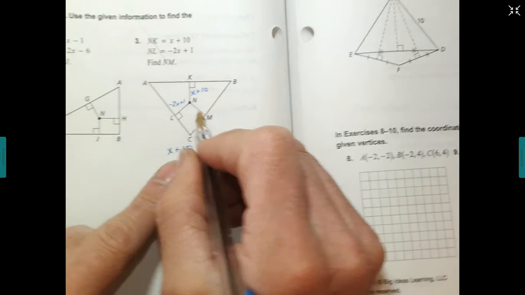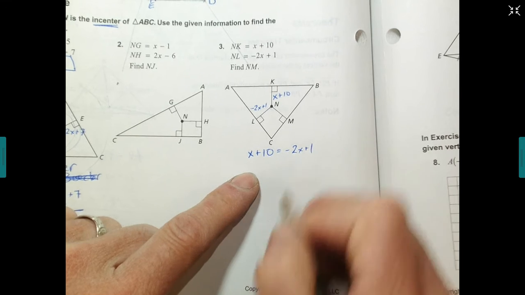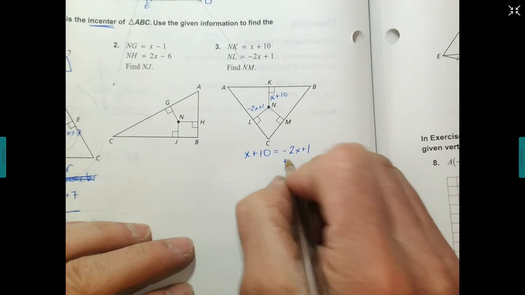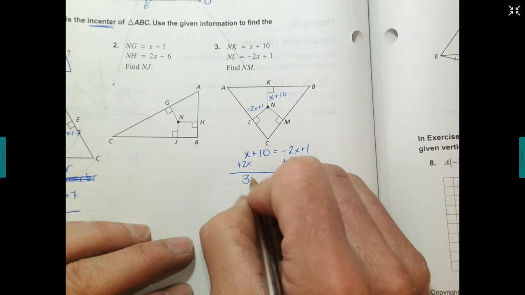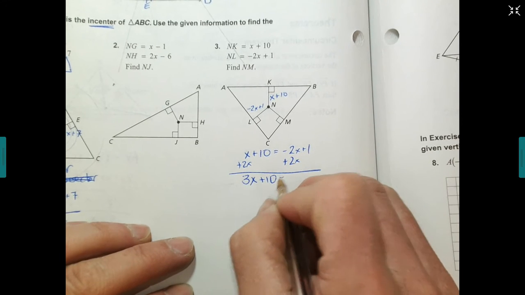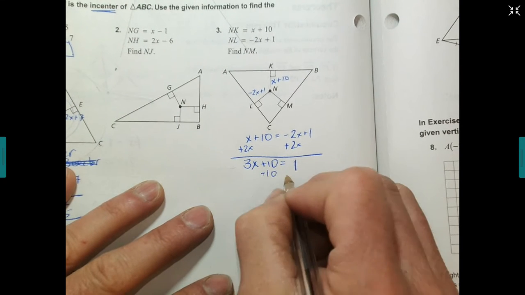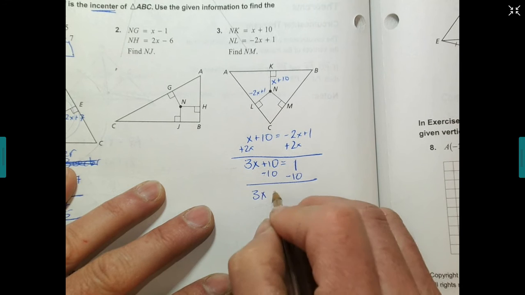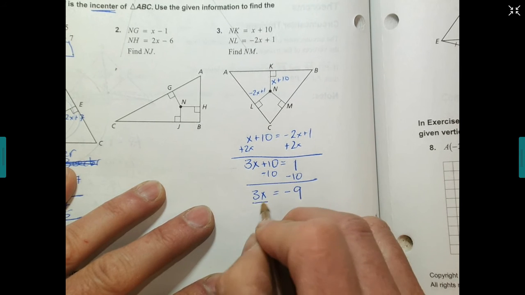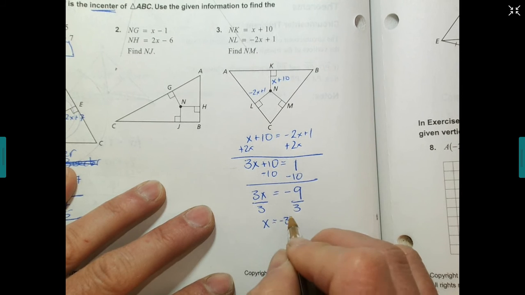So x plus 10 equals negative 2x plus 1. Let's add 2x. So we get 3x plus 10 equals 1. Minus 10. So we get 3x equals negative 9. Divide both sides by 3, and I get x equals negative 3.